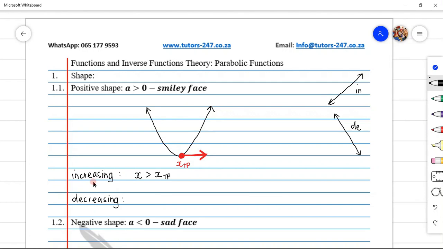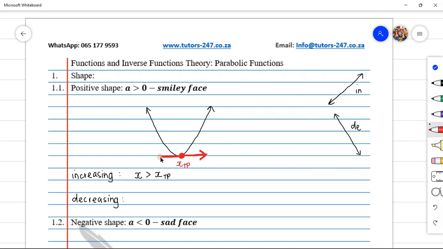if you look at the left hand side of this parabolic function, the left hand side looks like a decreasing or a negative gradient linear function. So we know that for all the values to the left of the turning point, this function is going to be decreasing.